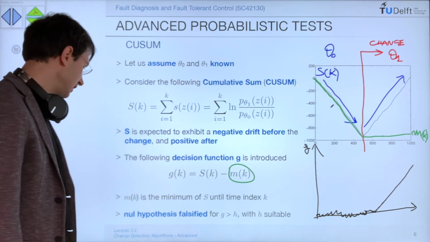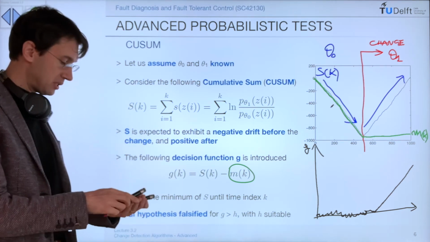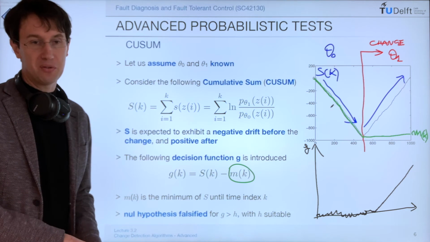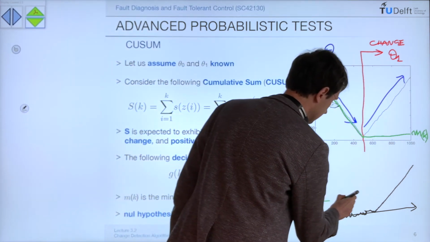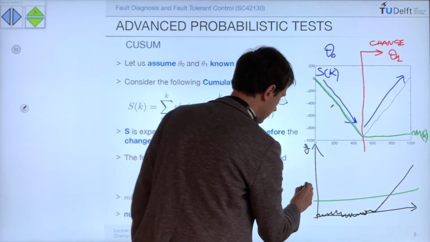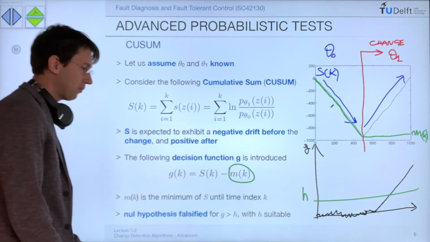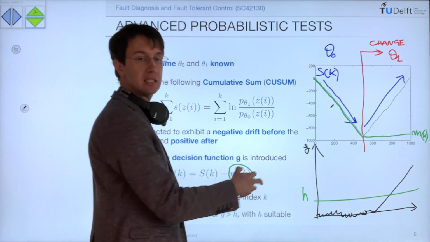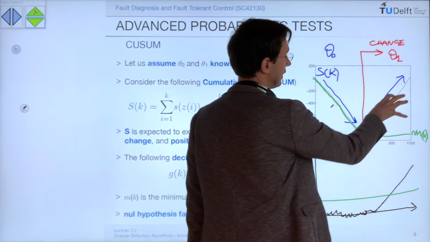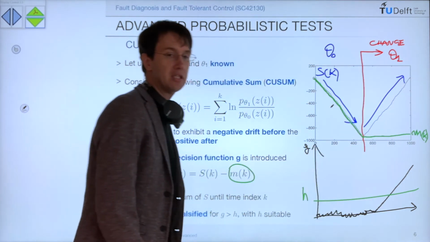Okay, at this point, what we just need to introduce is a threshold for g. And we call this h. So when g is bigger than h, it means that we are in this ascending phase of the cumulative sum.